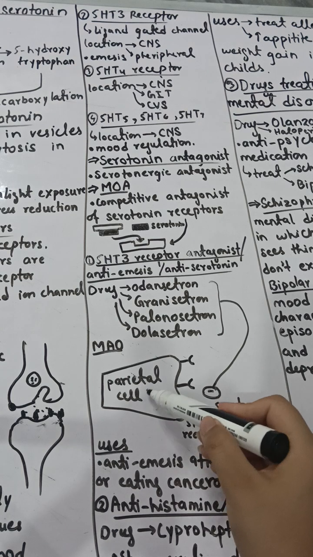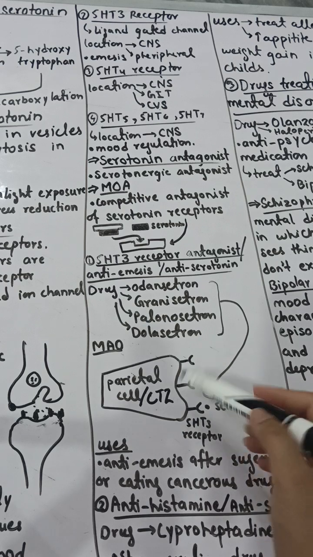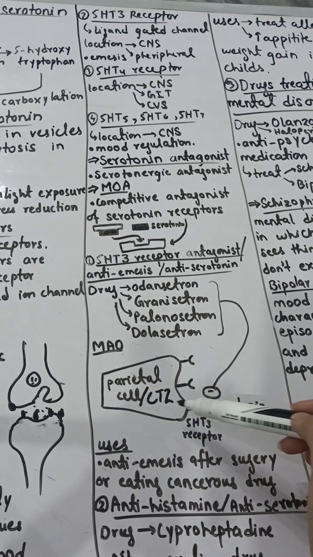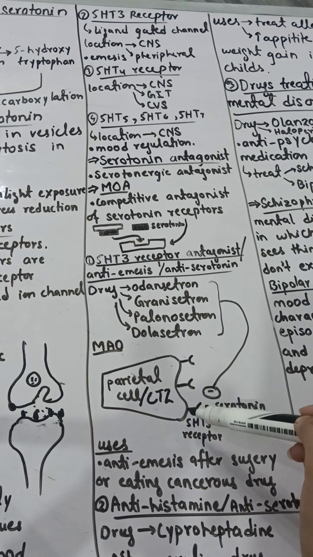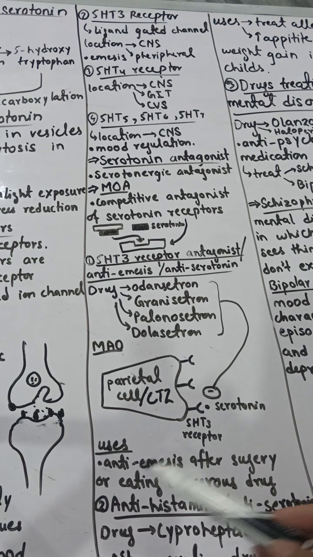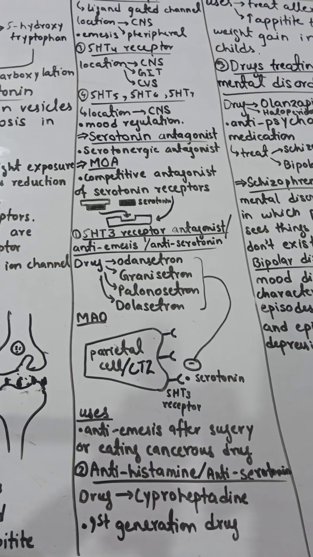So let's consider that this is the CTZ area of the brain. On the CTZ, other receptors are also present, but serotonin binds with it and causes stimulation of the vomiting center, and after that the vomiting occurs. So anti-emesis drugs are used after surgery or after eating a cancerous drug. Mostly they are used in that case.